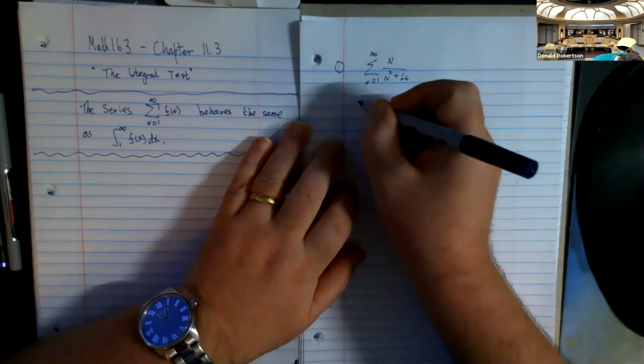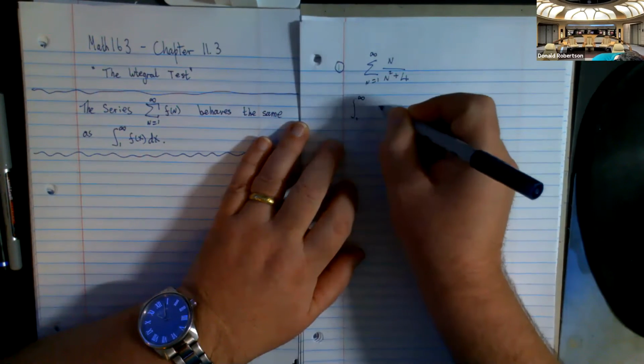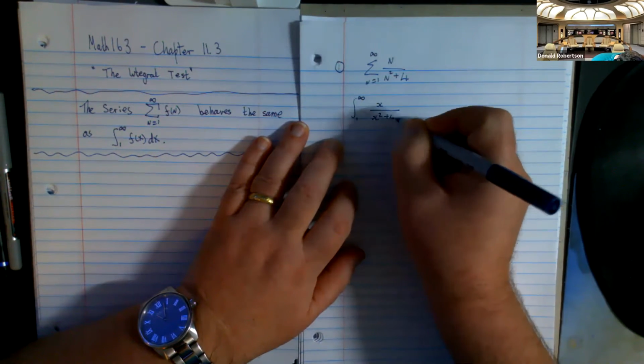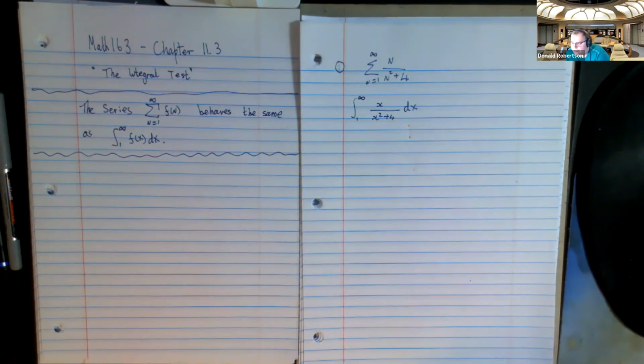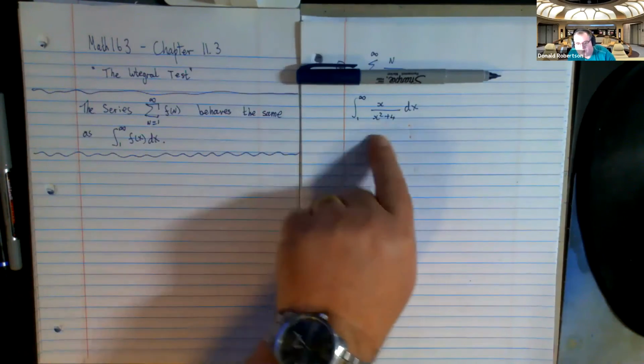So here's my first example. I want to check this series out. Then I am going to check the equivalent integral, which is that guy. And at this point, Calc 2 takes over. You can forget about why we're doing it and just focus on getting that integral.